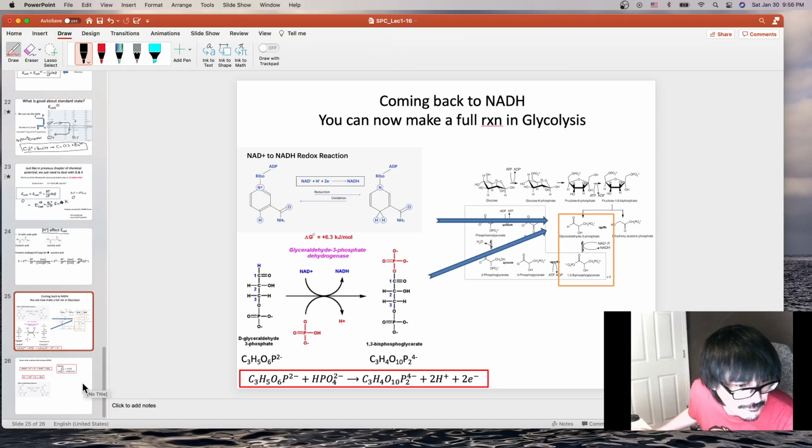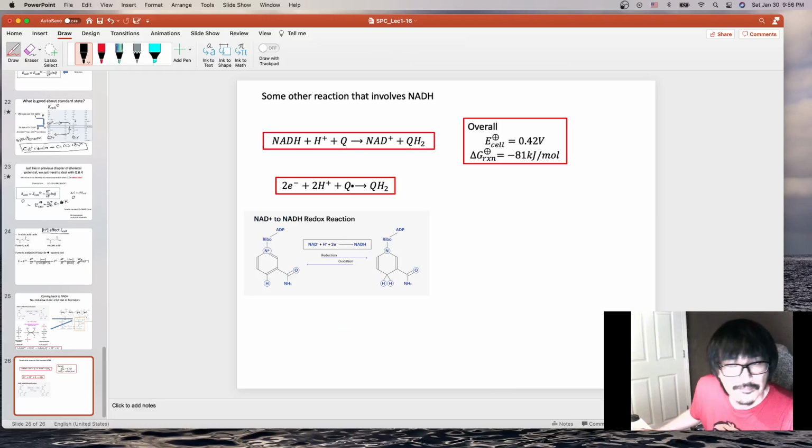Alright, the last equations I mentioned are these things right here. The overall reactions, and you want to combine these half reactions to make this one, right?